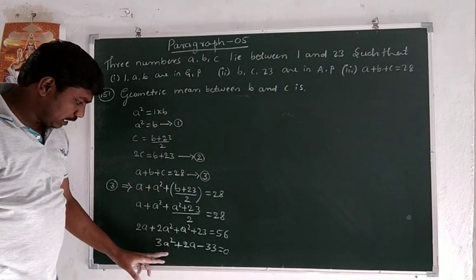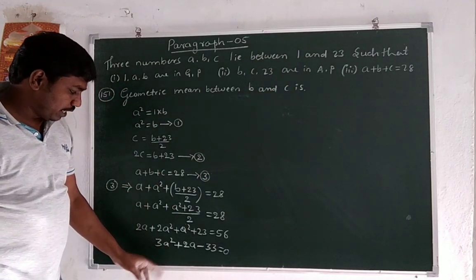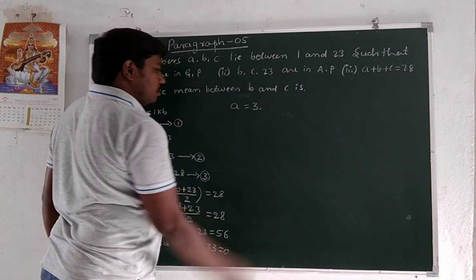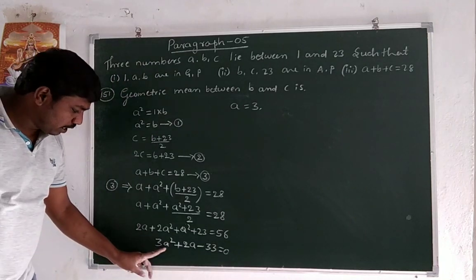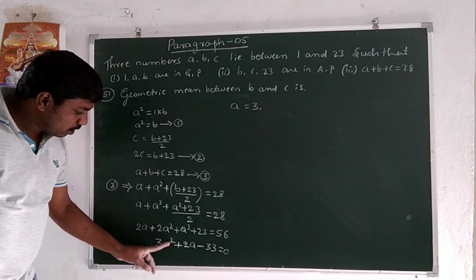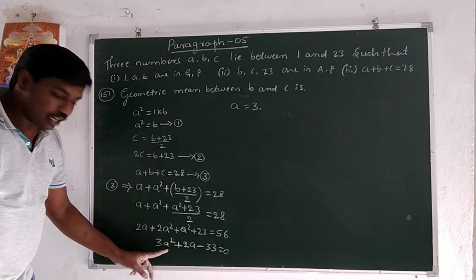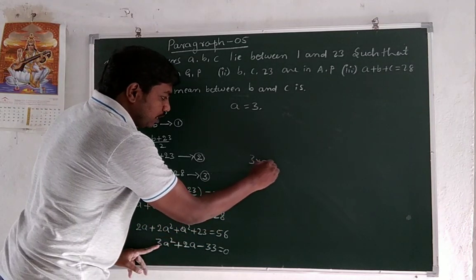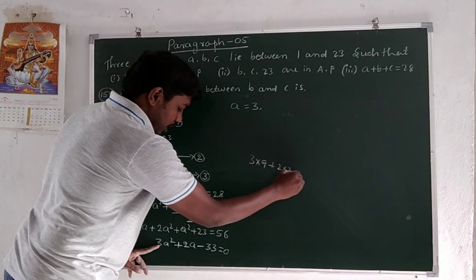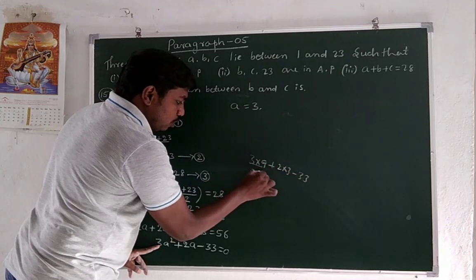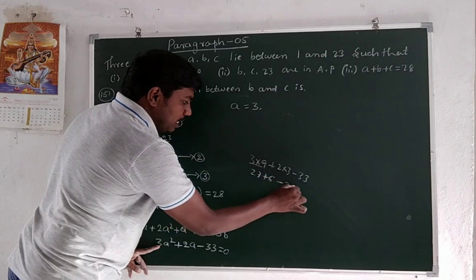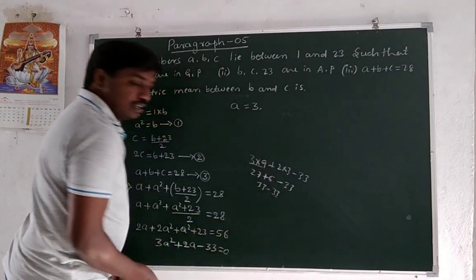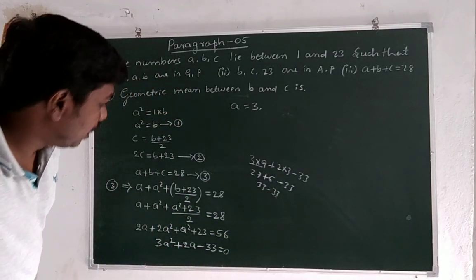If we solve this quadratic equation, one root we get is 3. Let's check: 3 into 9 plus 2 into 3 minus 33, so 27 plus 6 minus 33. 27 plus 6 is 33, minus 33 is 0.